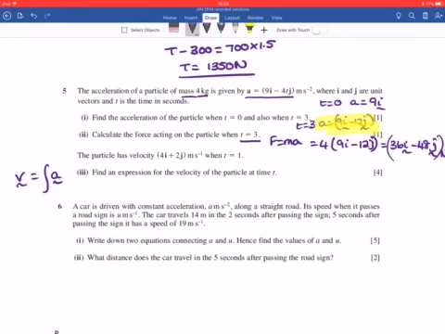So we've got velocity is the integral of 9 minus 4t dt. So you'll get 9t plus 1 constant, minus 4t squared over 2 plus another constant, we'll call that d.